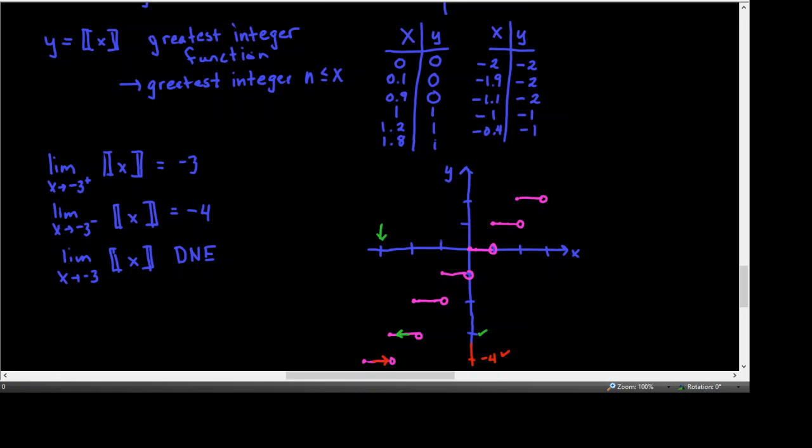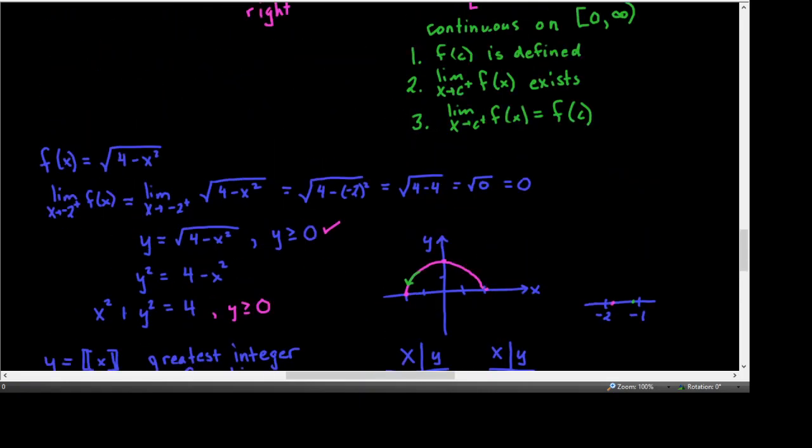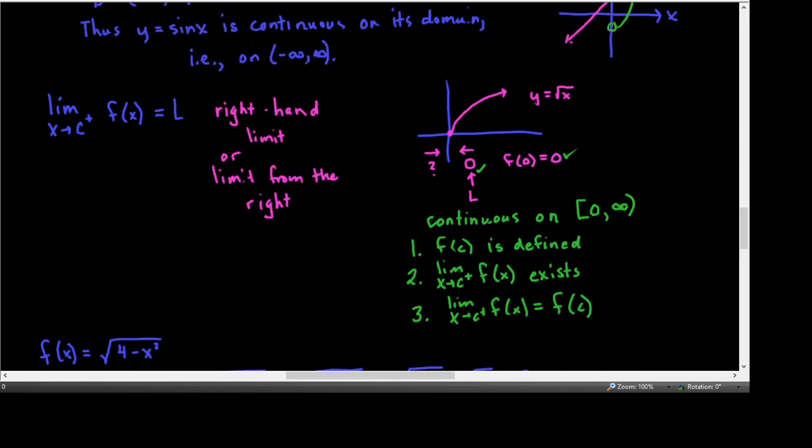So as I said earlier, we can extend the idea of continuity to an endpoint of a domain like that square root of x graph that we looked at earlier. We can say that the function is continuous on the closed interval from 0 to infinity because the steps I gave here about the one-sided limit existing and equaling f of c would imply that it's continuous at 0 itself from the right side only.